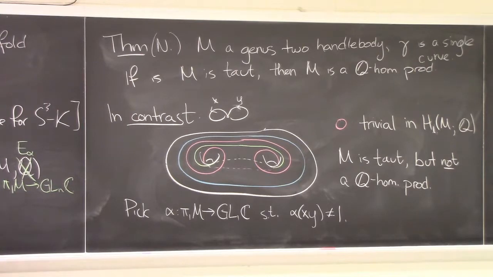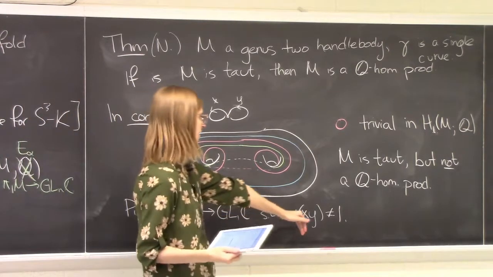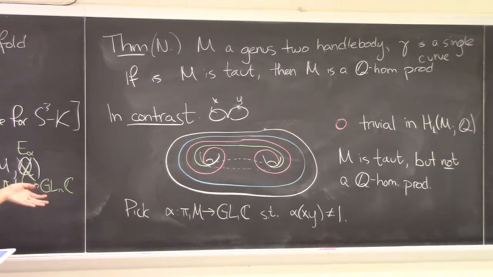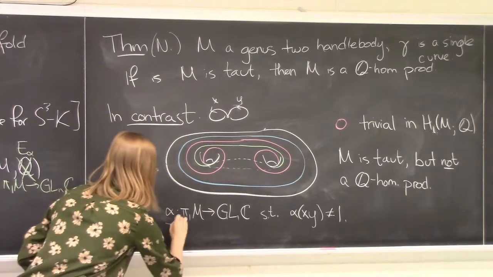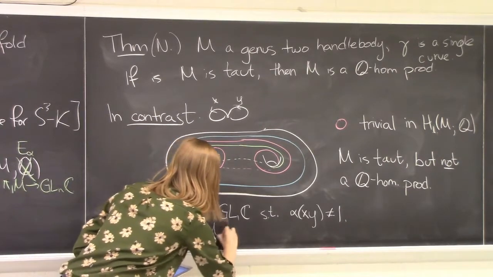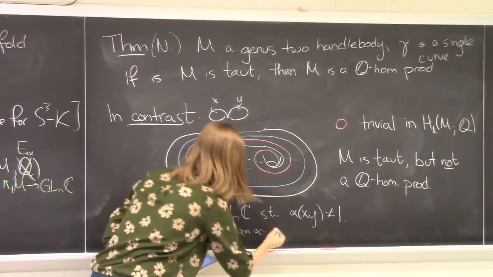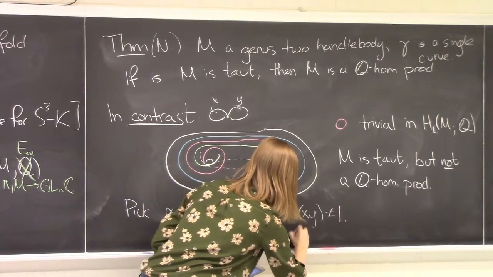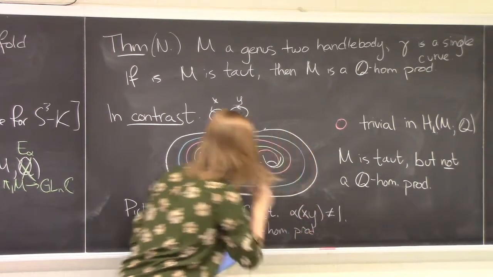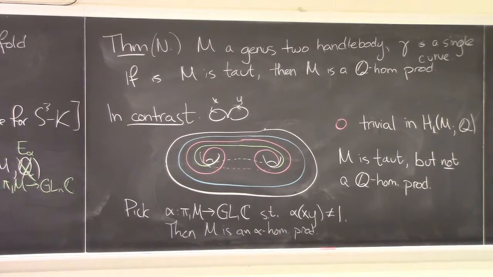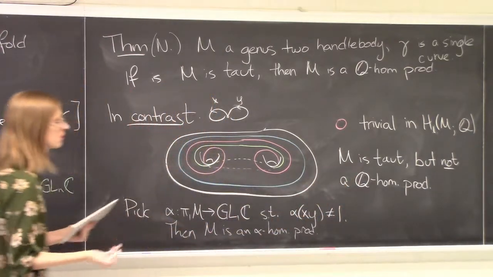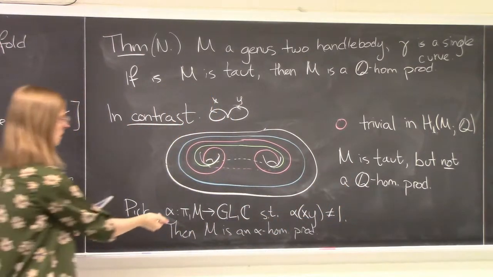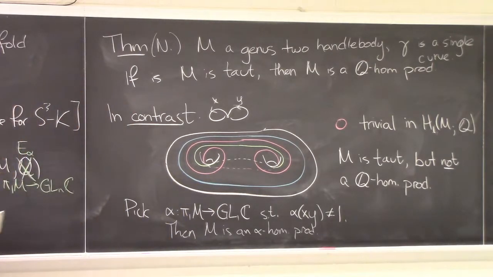So as soon as I have a representation such that the image of the product of x and y is not 1, then this will be a twisted homology product. So it's sort of a fluke in this case that it's not a rational homology product. If I just pick the trivial representation, that doesn't work here. But if I perturb that ever so slightly, I'll be good.